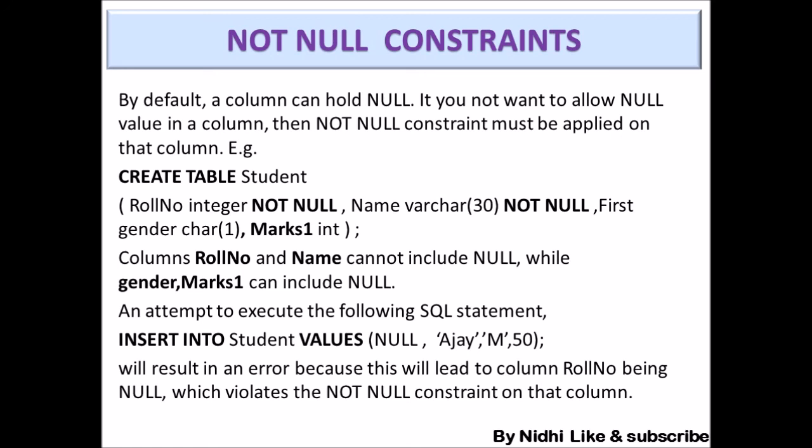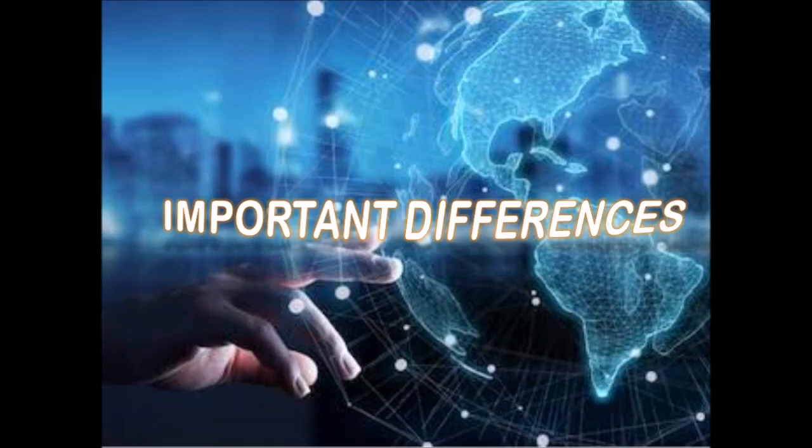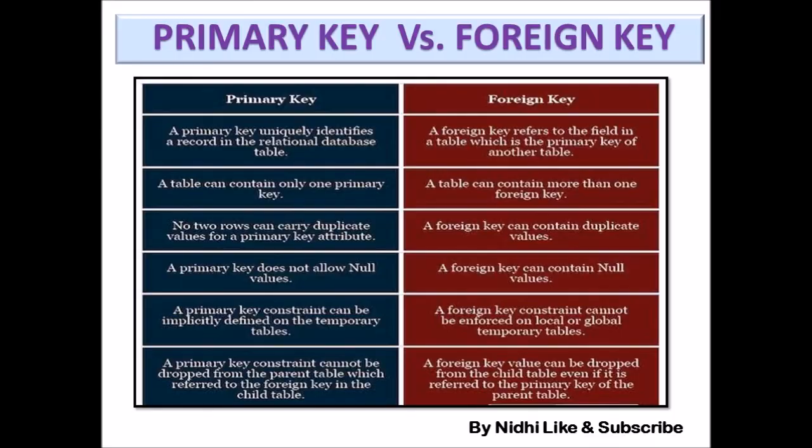And now let's see one important difference, that is the difference between primary key and foreign key. A primary key uniquely identifies a record in a relational database table. And a foreign key refers to a field in a table which is the primary key of another table, which I already explained to you.